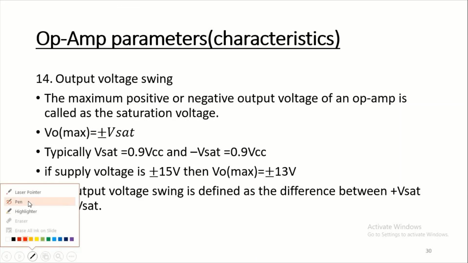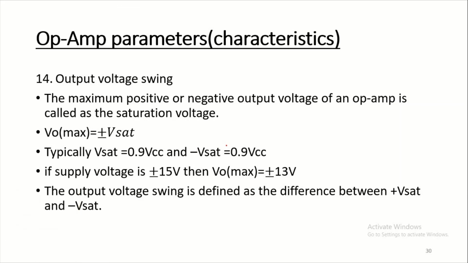If the supply voltage is plus or minus 15 volts, then VO maximum is given as plus or minus 13 volts. The output voltage swing is defined as the difference between the positive saturation voltage and the negative saturation voltage.